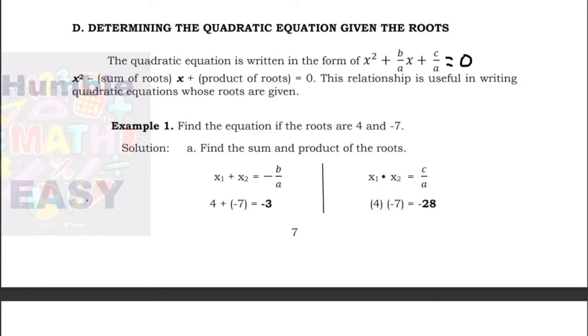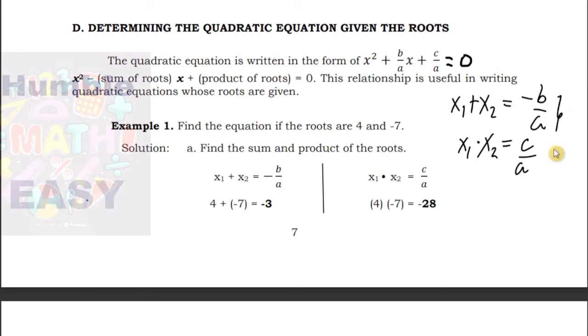In determining the quadratic equation given the roots, as far as we know, we have x sub 1, the first root, and the second root. If we add these, we come up with negative b over a. And if we have the product, x sub 1 times x sub 2, we now have here c over a. So from the given that we have, as we manipulated it, previously we have x squared plus b over a x plus c over a.